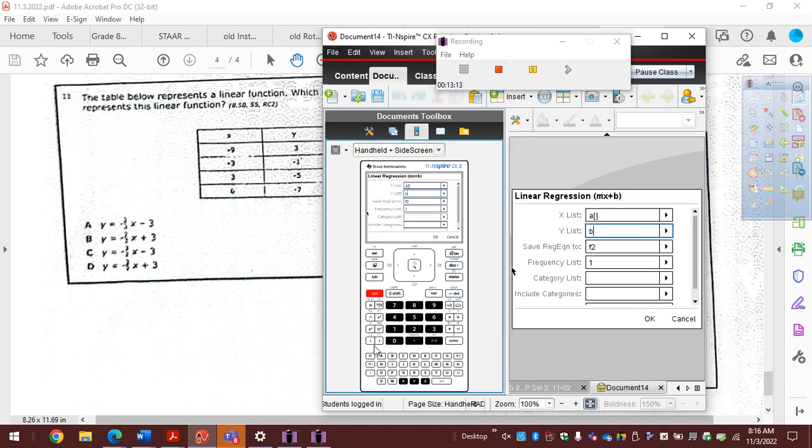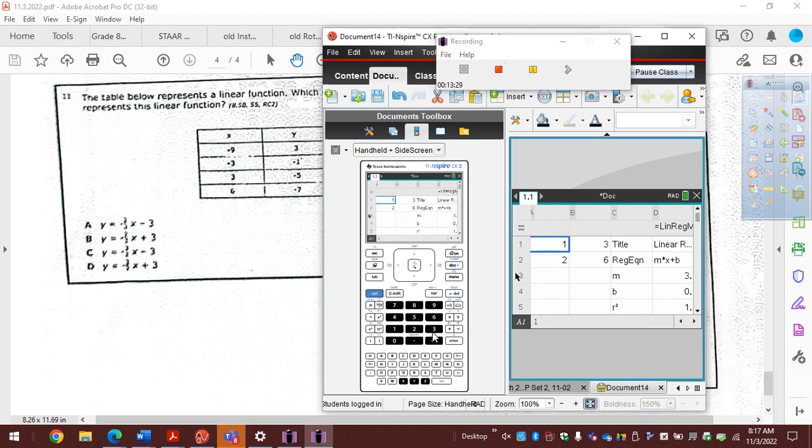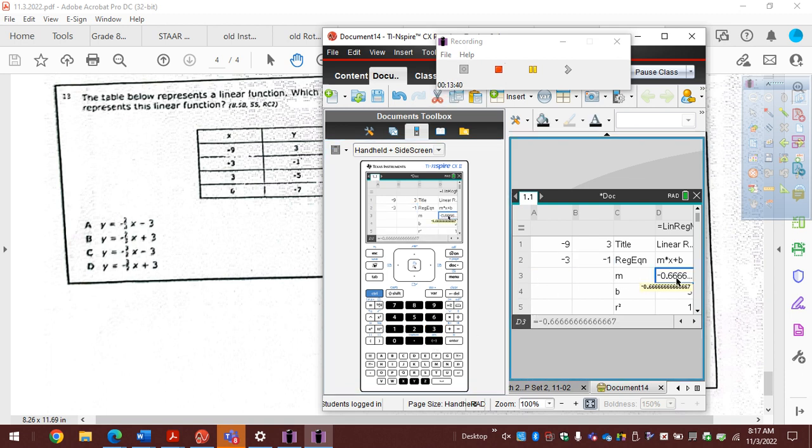I'm going to go here to B, enter, enter, and then we can come out here and go negative 9, enter, 3 is already there, negative 3, negative 1. Okay, so that's, for me, negative 2/3.